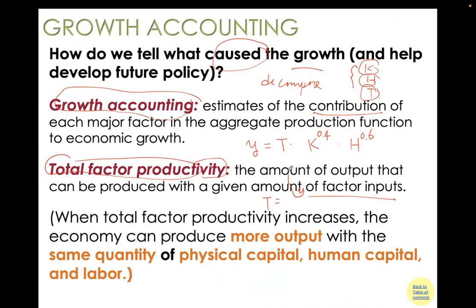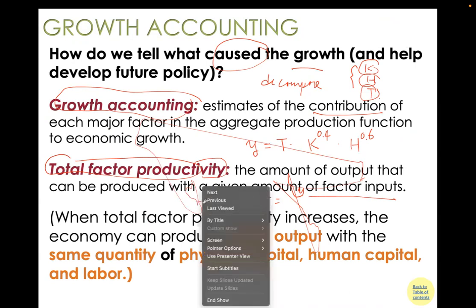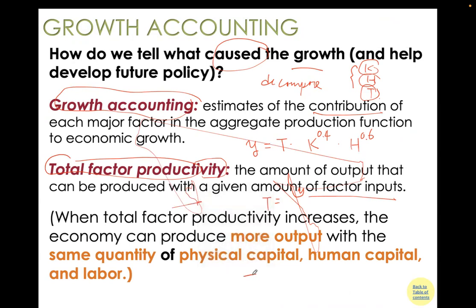Now from here, you can easily see T equal to Y. Sorry, this technology always gives me some trouble. T equal to, let me rewrite, T equal to Y divided by K^0.4 H^0.6.